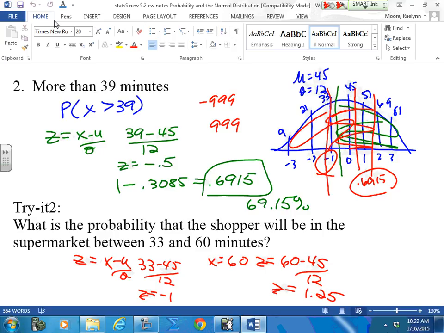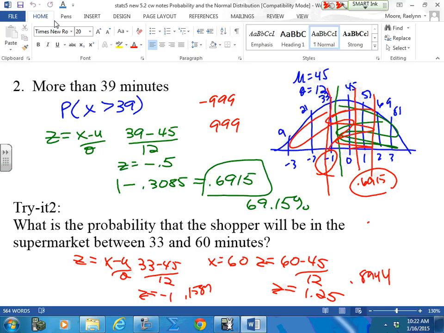To find the area, once you hit your z-scores, you look up your z-score areas and you subtract your areas. So you got 0.1587 and 0.8944.